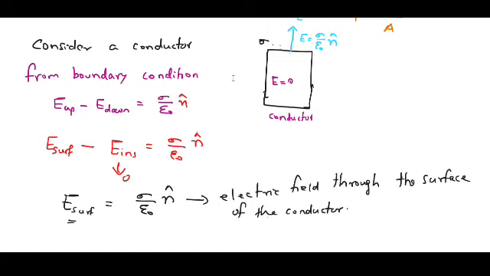Fine. Now, if Q is the total charge residing on the surface of the conductor, then we have to calculate the force on the conductor because of these charges residing on the surface.